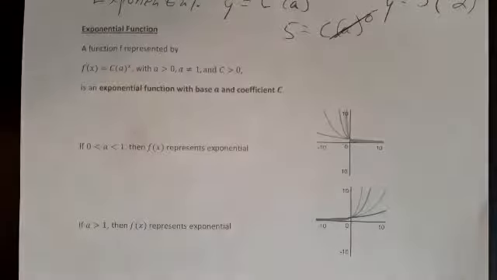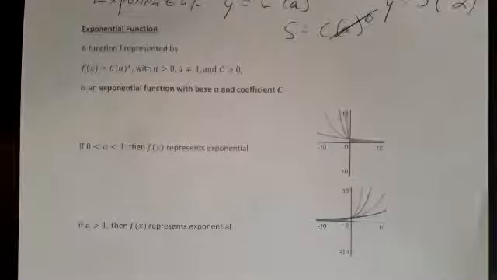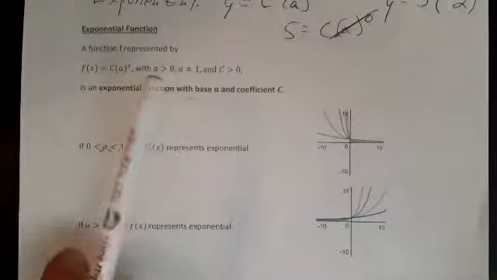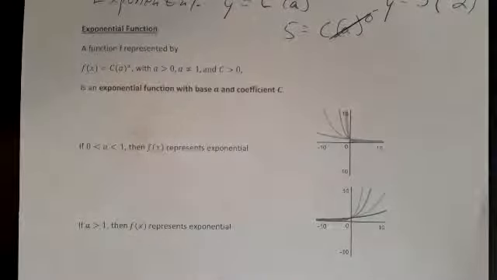So this is an exponential function, a function represented by f of x equals c a to the x. You might notice that our a has to be positive, so our base has to be positive. They're not doing negative bases.